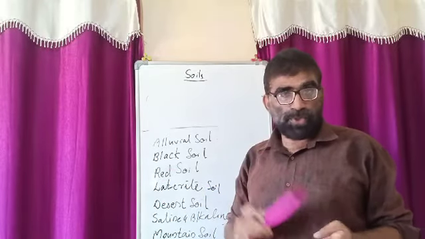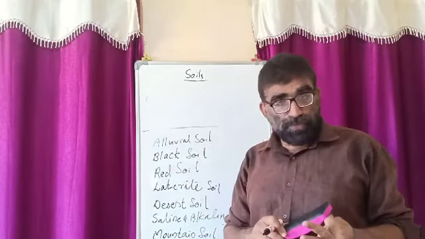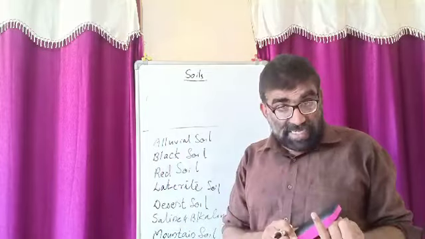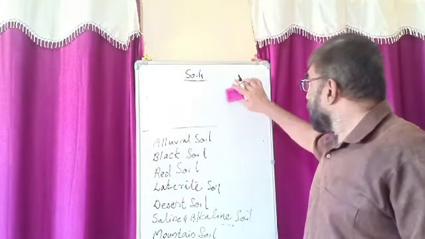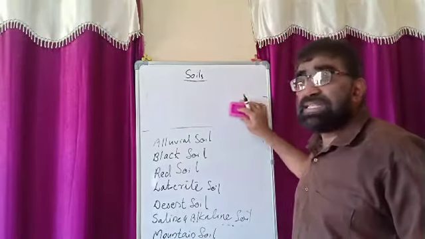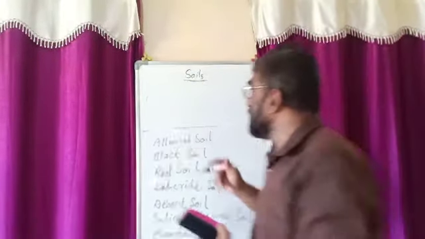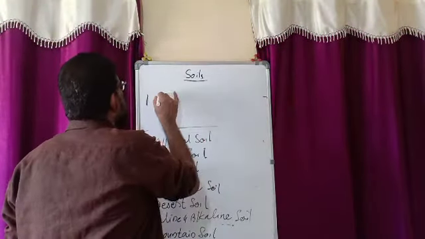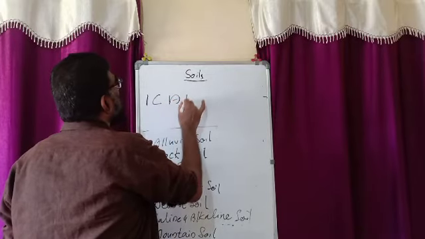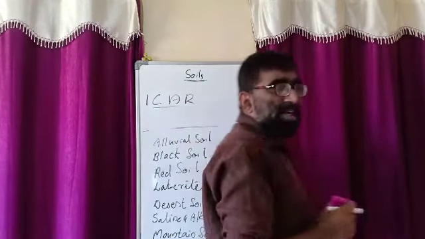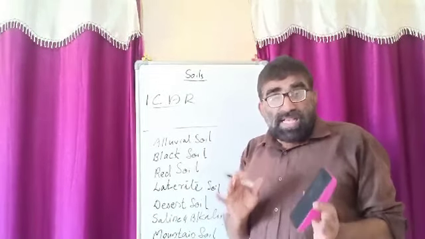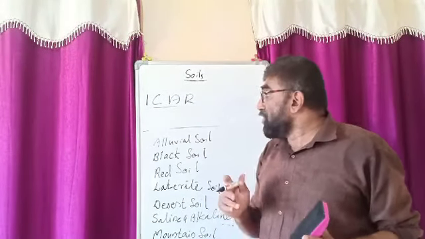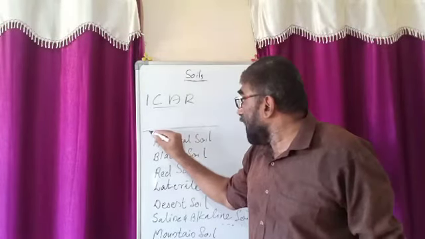Soil is classified on the basis of origin, texture, structure, color, and many different ways. The Indian Council of Agricultural Research, ICAR, and its National Soil Survey classified the Indian soils into 8 main groups.